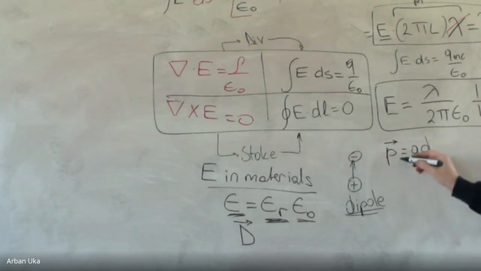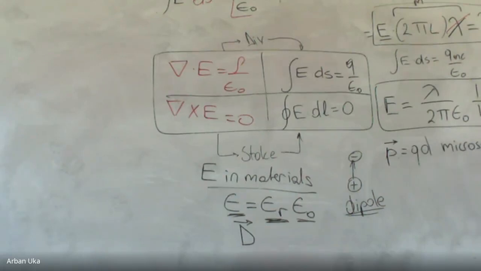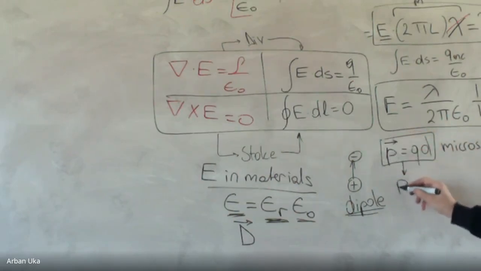But this is a microscopic picture, a small microscopic picture. And then in the macro scale, if we add up all of these, or the density of this quantity, we define a new quantity which is called the polarization vector. Okay?